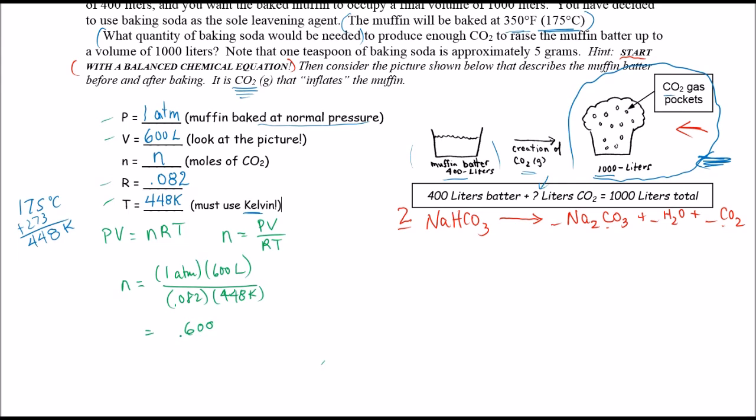Okay, so I've filled in my numbers here with labels. And now I'm doing algebra calculation. I do need a calculator. 0.082 times 448. I have 36.7 on the bottom. I'm not labeling these numbers, but I will label my answer.